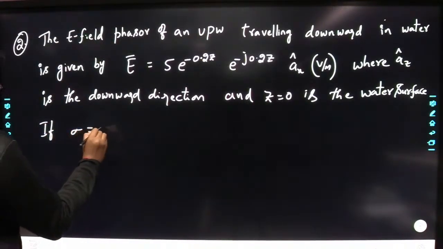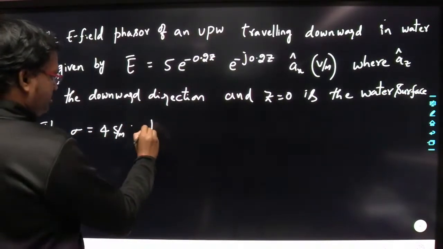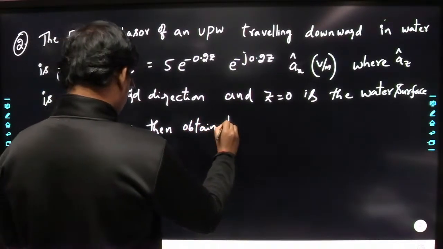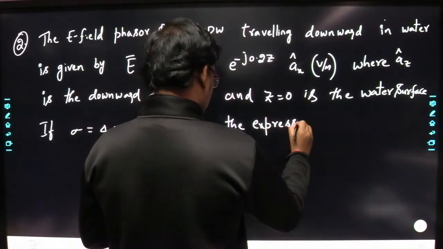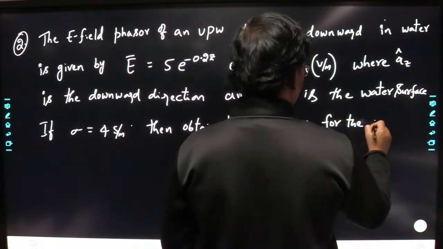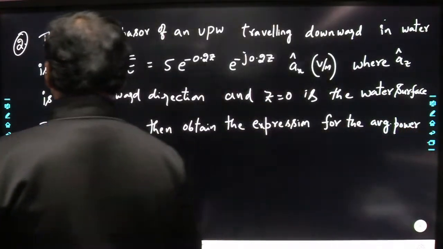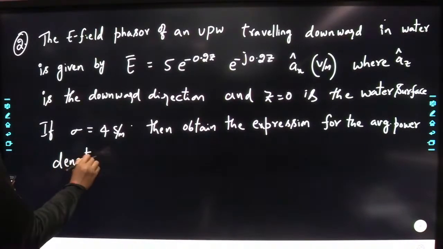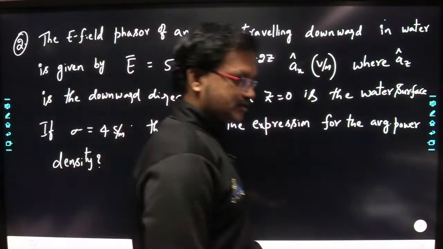If conductivity sigma is equal to 4 siemens per meter, then obtain the expression for the average power density.